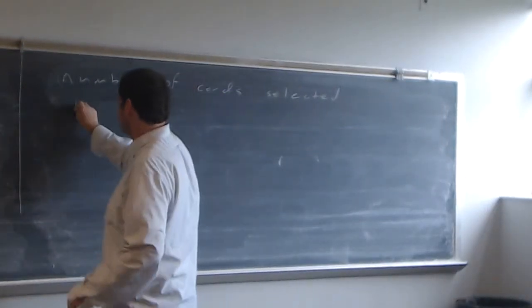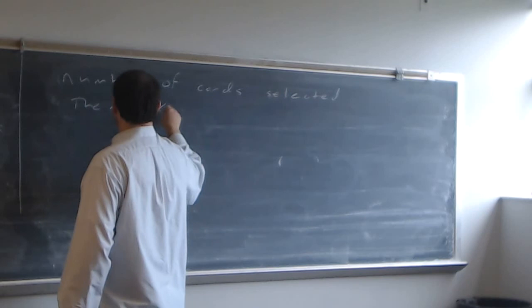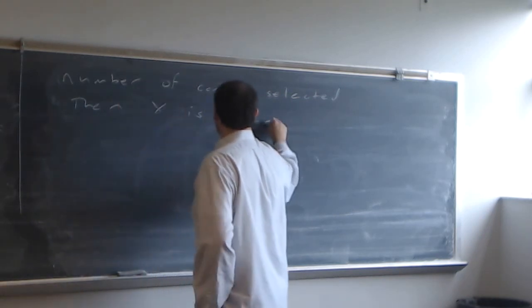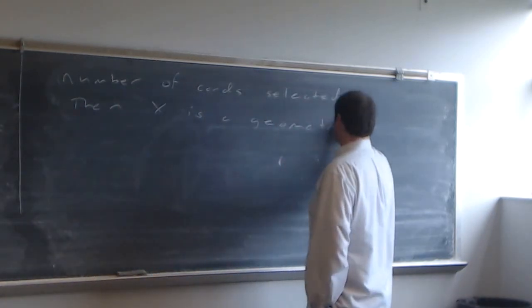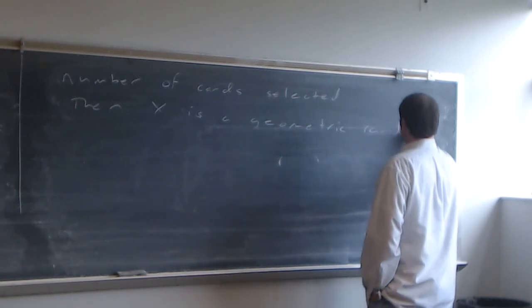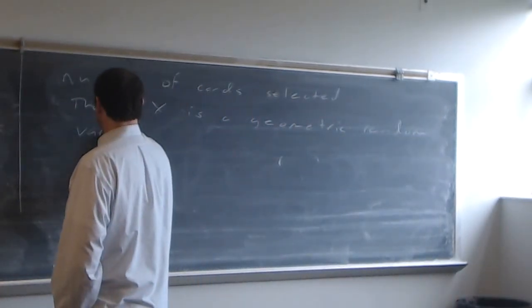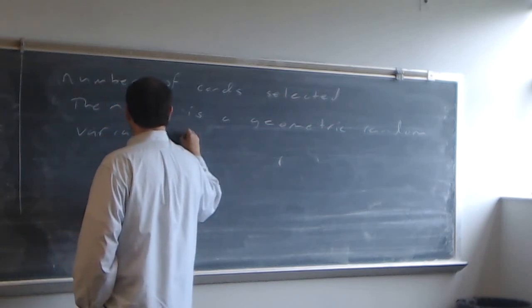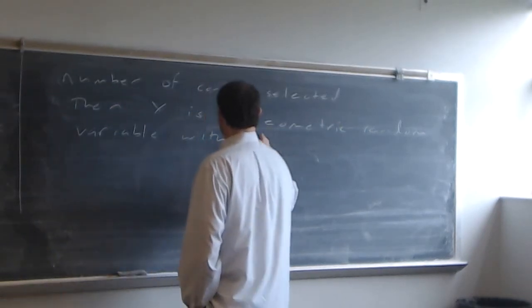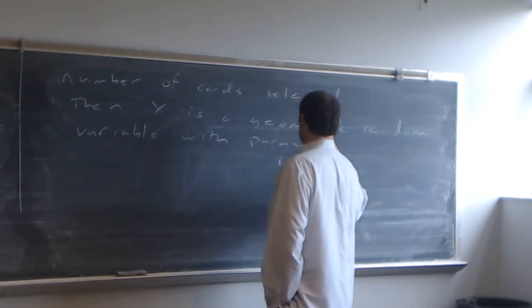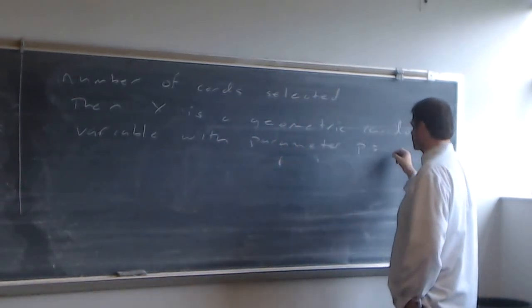Then X is a geometric random variable with parameter p equal to 1/4.